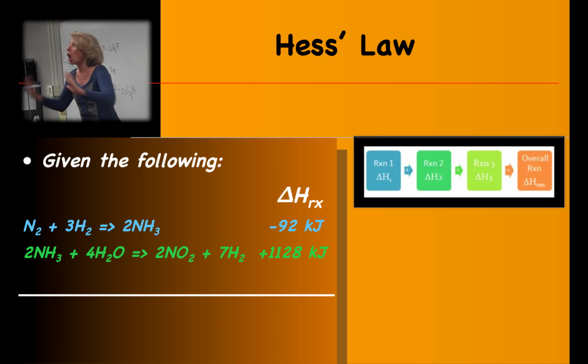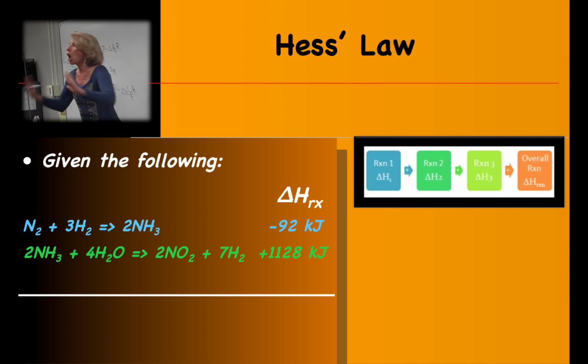Notice that the delta H for this reaction is positive. When ammonia and water combine to produce nitrogen dioxide and hydrogen gas, it requires 1128 kilojoules of heat.